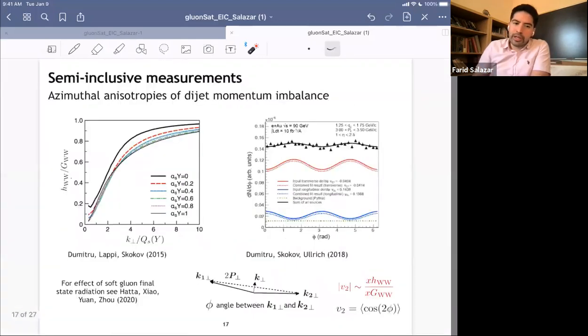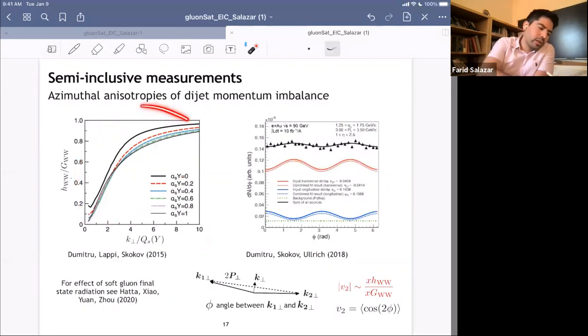There are also more subtle measurements, which now study the azimuthal distribution of the momentum imbalance, and they are sensitive to the so-called linearly polarized distribution of the Weizsäcker-Williams gluons. They are expected to have this characteristic cos 2phi modulation in the presence of linearly polarized gluons.